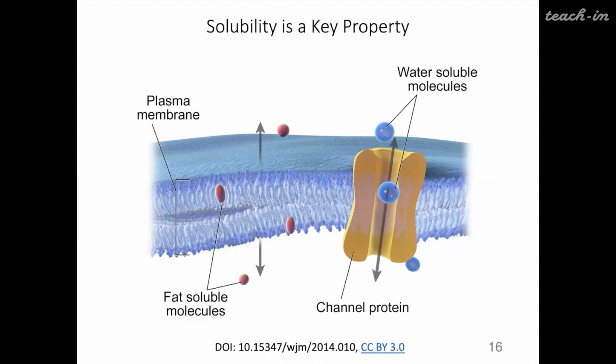A drug's or compound's activity can be related to how easily it penetrates the cell membrane, and water-soluble molecules can penetrate, for example, via a channel protein, while fat-soluble molecules can potentially penetrate the cell membrane directly.